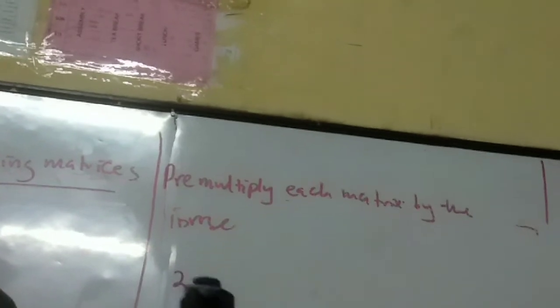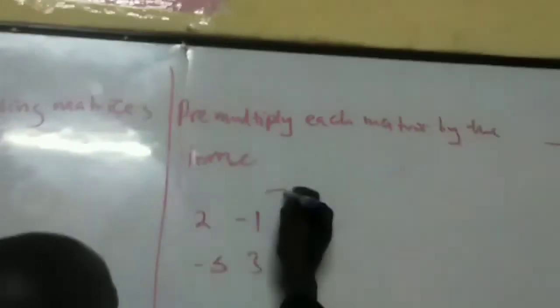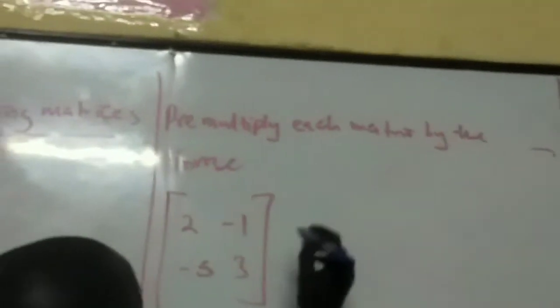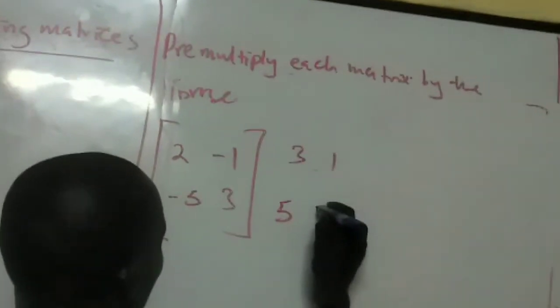After getting the inverse, then you pre-multiply each matrix by the inverse. So it means that the inverse comes ahead of the matrix, and therefore we have 2, negative 1, negative 5, 3. Then we have our matrix, which is 3, 1, 5, 2.